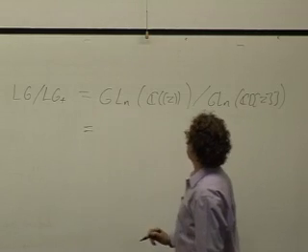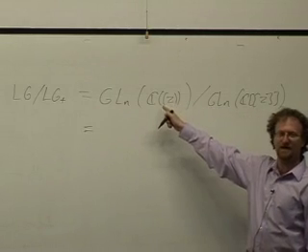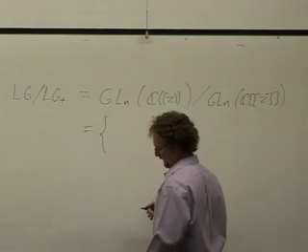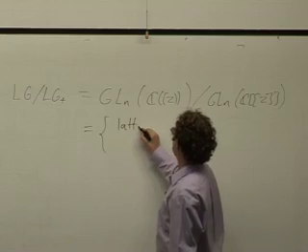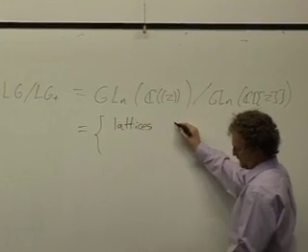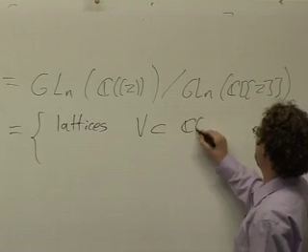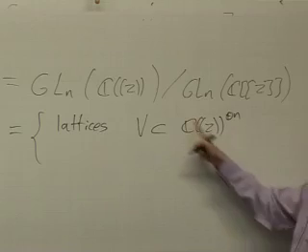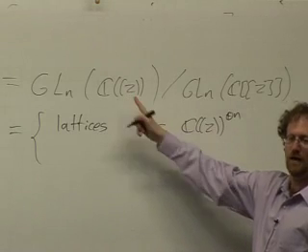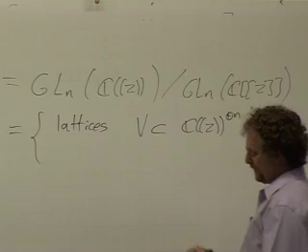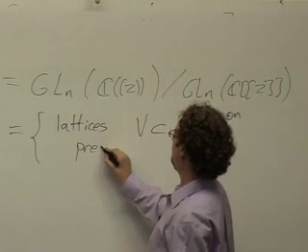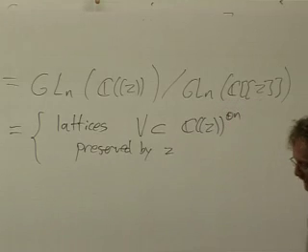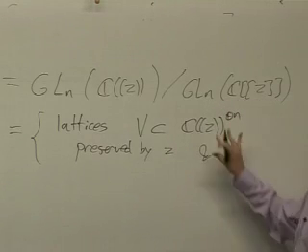So a nice exercise: you need to find some set on which this thing acts transitively with stabilizer this, and there's a natural such set, which is lattices. So these are subspaces in n copies of Laurent series in Z. I take an n-dimensional vector space over this field, and I look at subspaces of it which are lattices, meaning subspaces that are preserved by multiplication by Z, and also I want them to have an appropriate size.